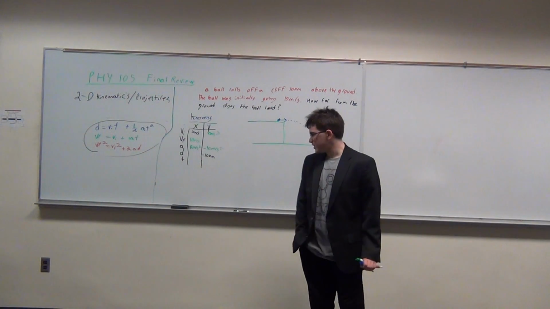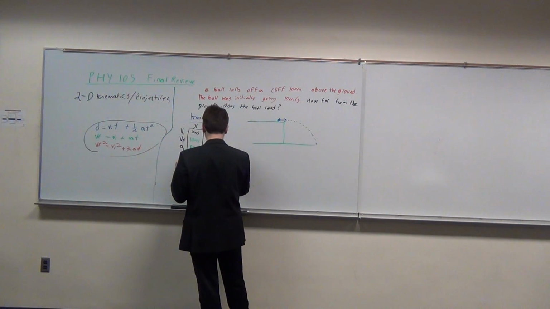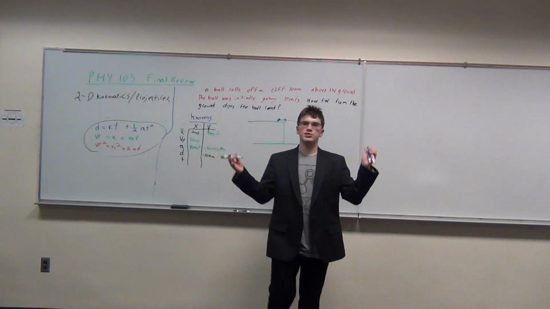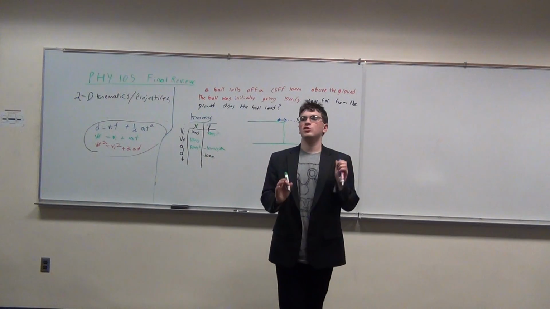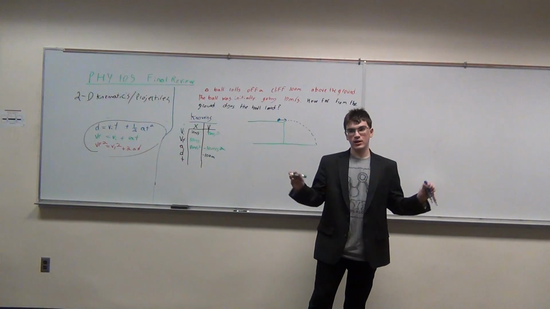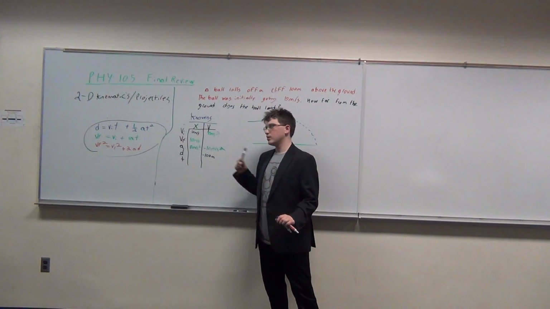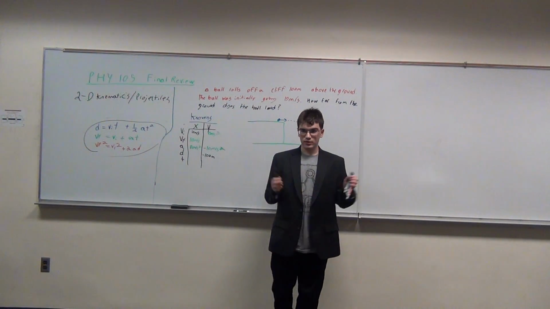And all of this in green are things your teachers will expect you guys to figure out on your own without being told in the problem. Now, some of them might write it down as the problem, but the stuff in green are things they would expect you to figure out. Okay?